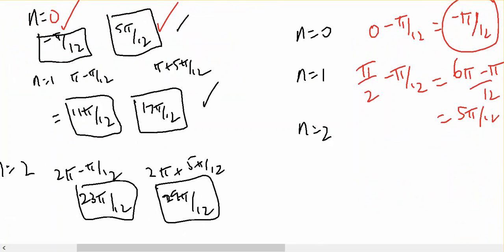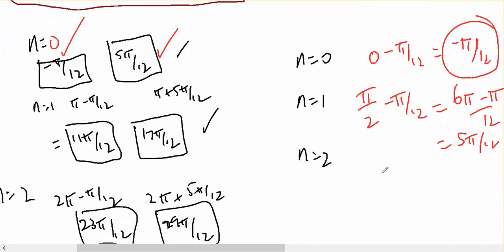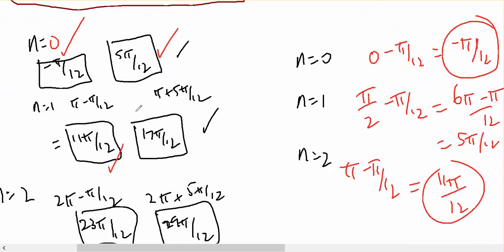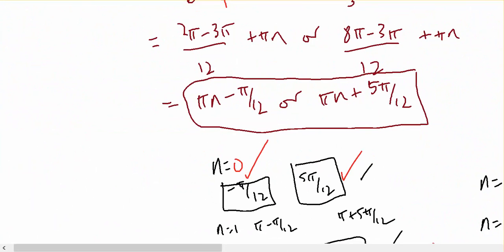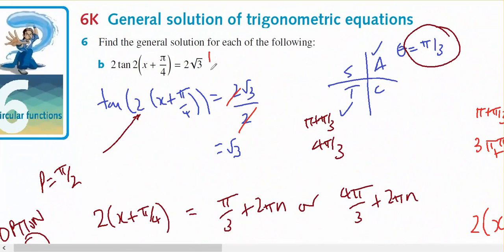And when n equals 2, I will have pi minus pi on 12, which is 11 pi on 12, which gives me that answer. So both rules give you all the solutions and give you the same solutions, and they are the solutions to this equation.